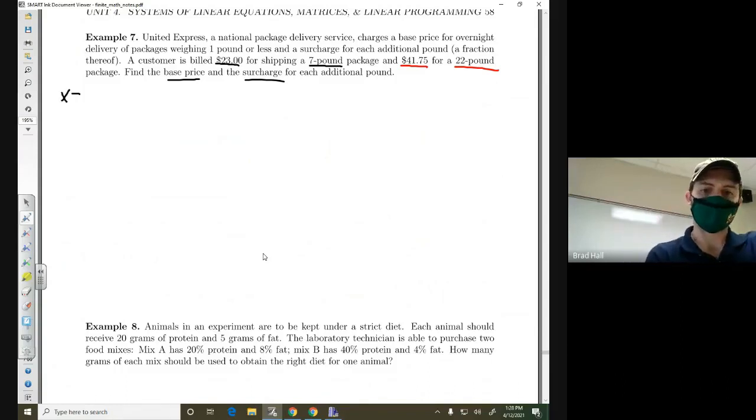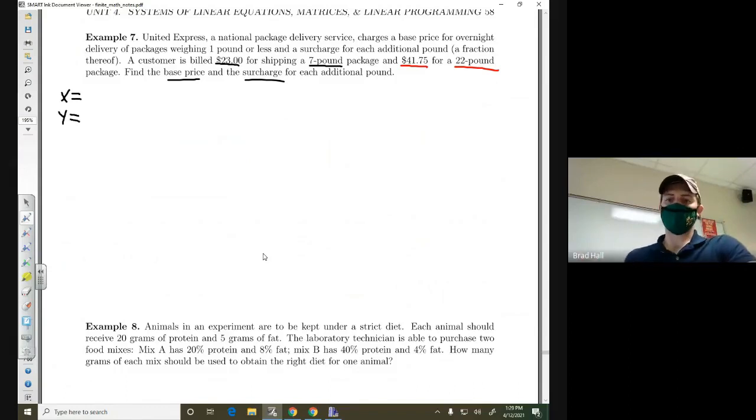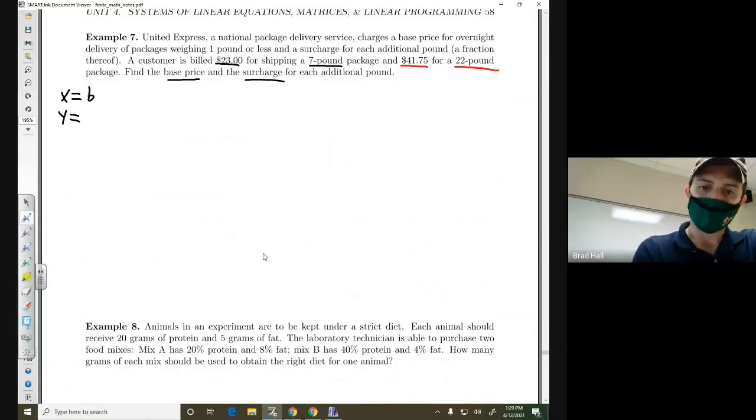We need an x and a y. Ultimately, it really doesn't matter which we make the x or the y. Let's make x the base price. Let's make y the surcharge.